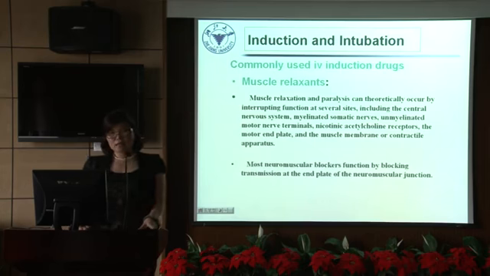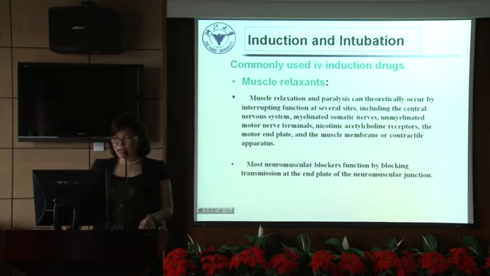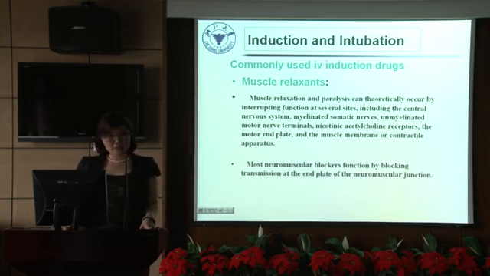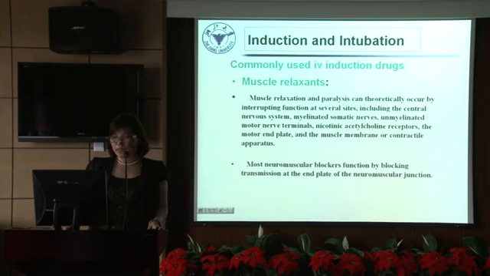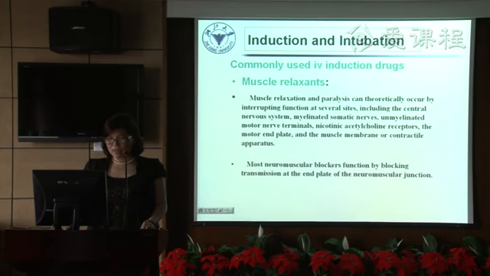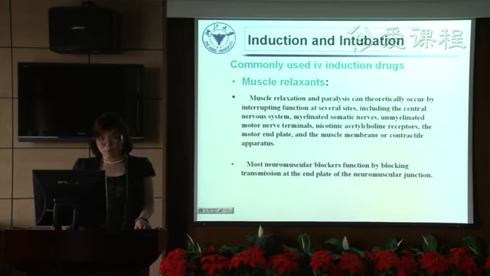Another essential drug is muscle relaxants. Muscle relaxation and paralysis can theoretically occur by interrupting function at several sites, for example, the central nervous system, myelinated somatic nerves, unmyelinated motor nerve terminals, nicotinic acetylcholine receptors, the motor end plate, and muscle membrane or contractile apparatus.